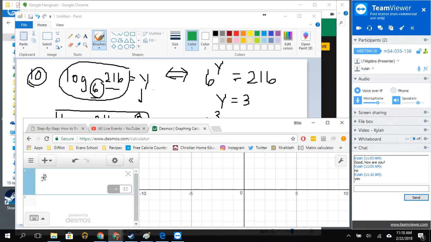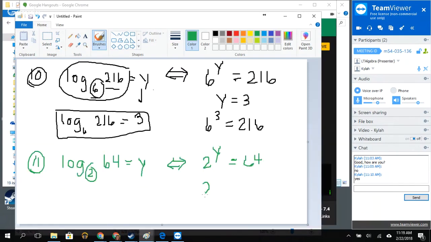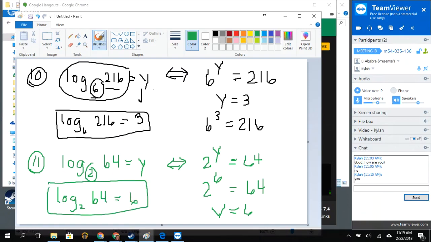Nope, sixth power. 2 to the sixth power is 64. So I know that 2 to the sixth power equals 64, which means y equals 6. So over here, log base 2 of 64 equals 6. So that's how I'd solve it.